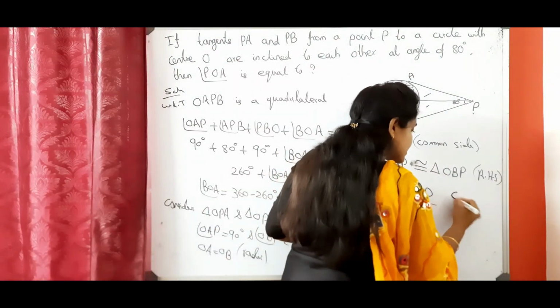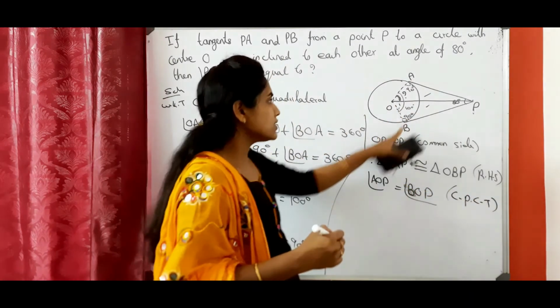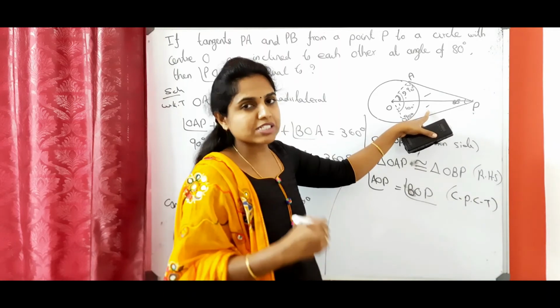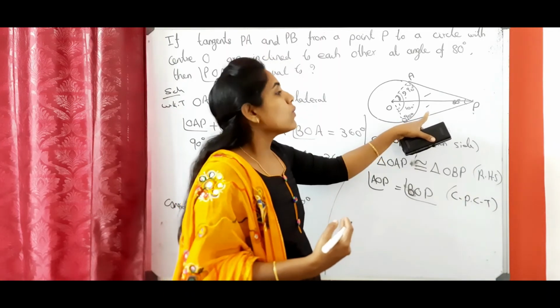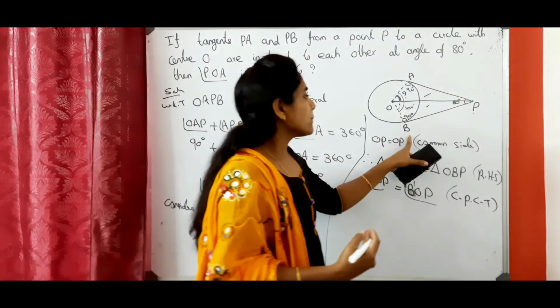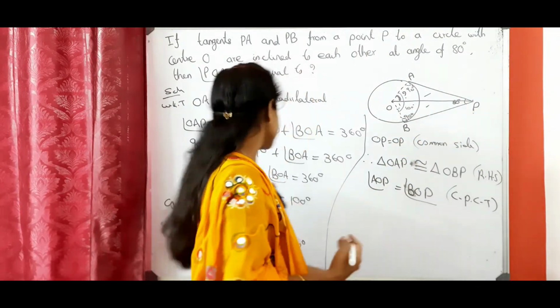Why? These two triangles are congruent, and corresponding parts of congruent triangles are equal. See, we proved the two triangles are congruent. POB or BOP is the corresponding angle. Therefore, these both angles are equal, right?